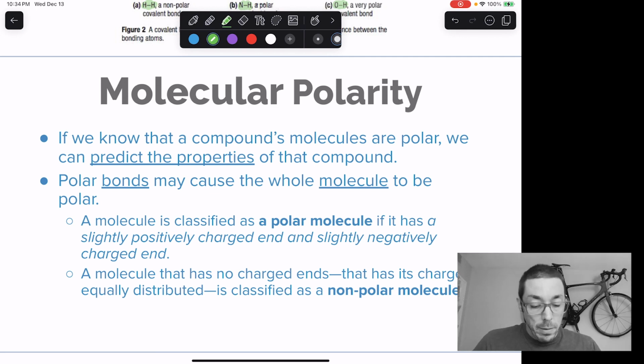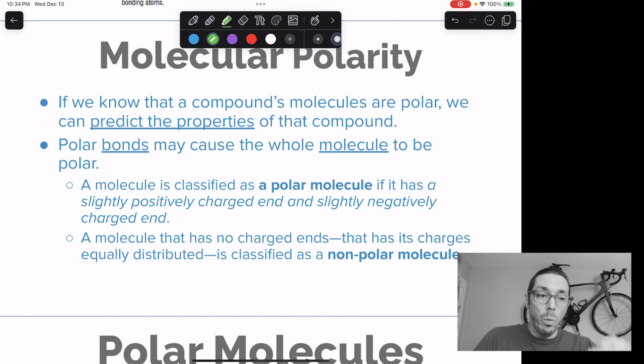A molecule would be considered polar if one side of the entire molecule is slightly negative, where the other side of the molecule is slightly positive.